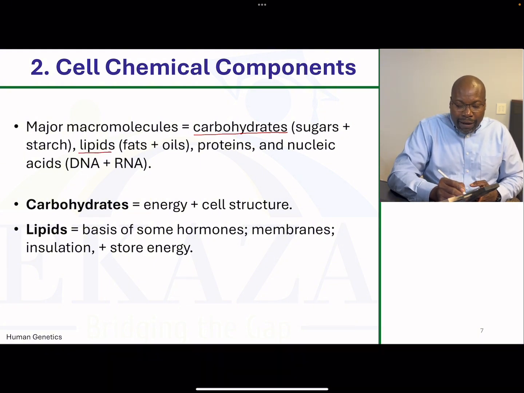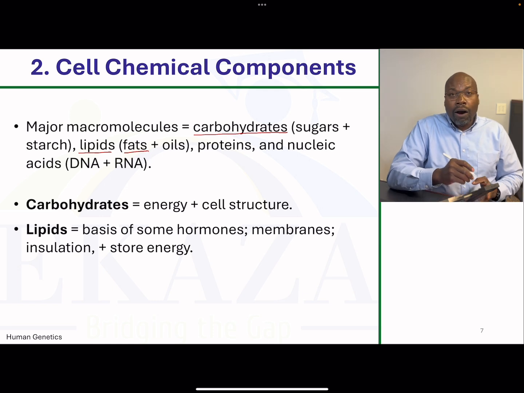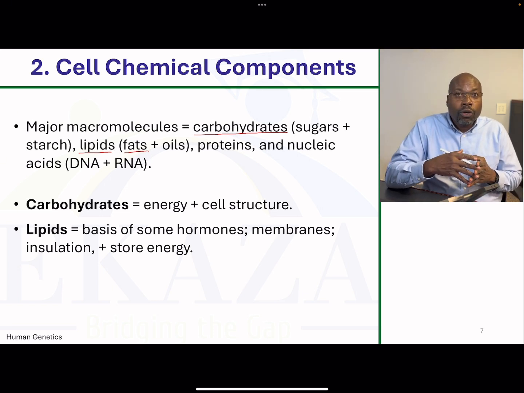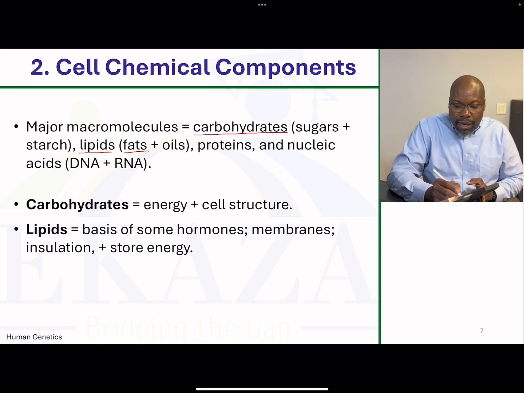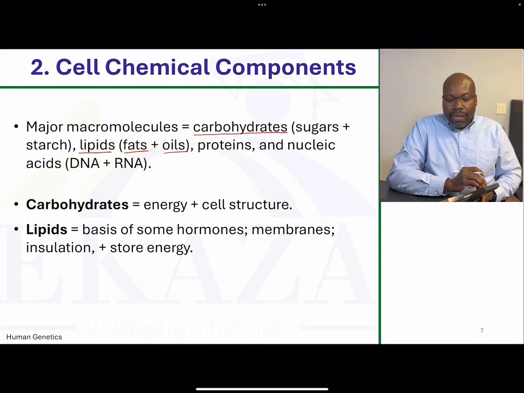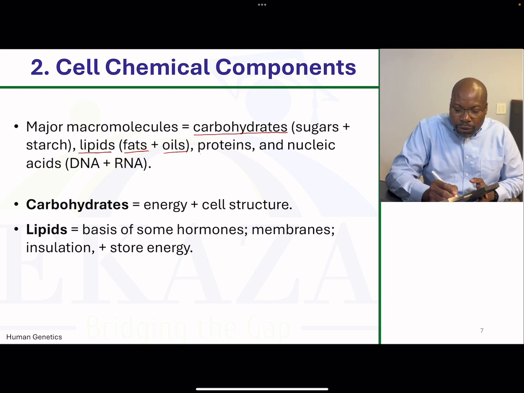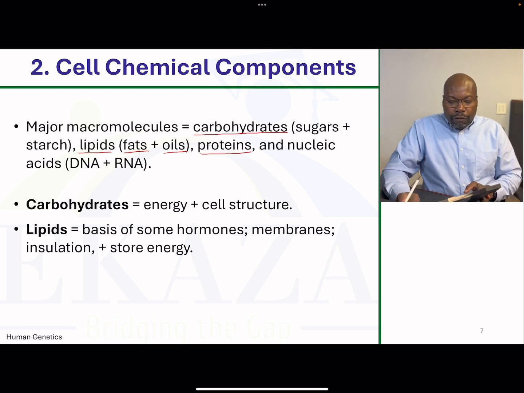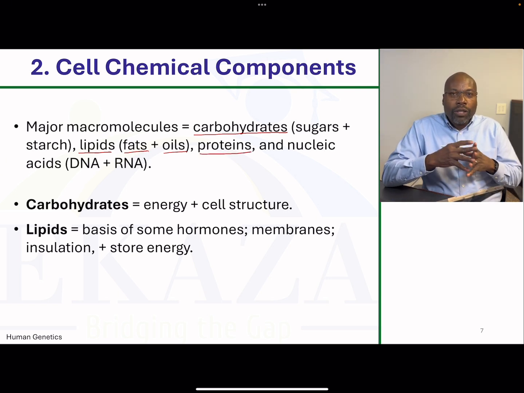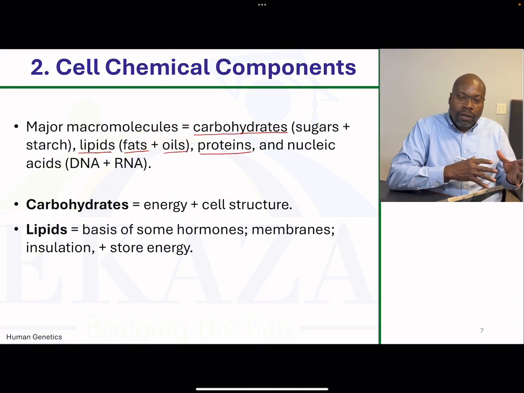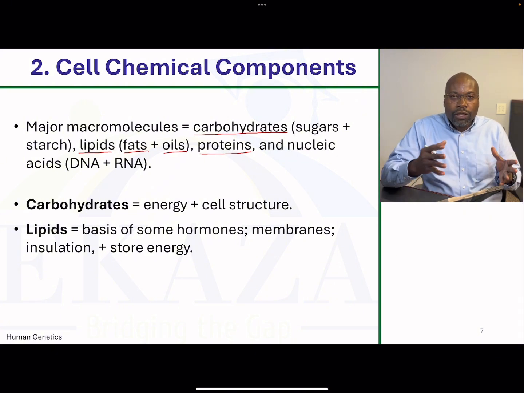Among the lipids, we have fats that are in general not very soluble at room temperature, and we also have oils that are typically soluble at room temperature. Then we have proteins. In the group of proteins, we are going to have proteins that are structural and proteins that are functional, right?